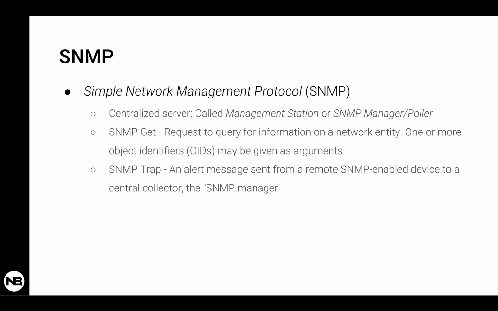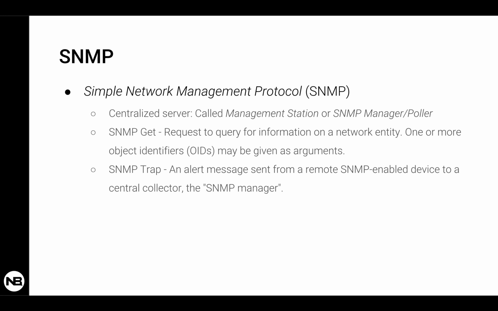So for example, an object ID could be the server CPU, or in case of the switch, the bytes transmitted on a specific interface, and so on. Then the client, which is the device itself, reports that data to the server, and then the server does whatever it wants to do with that data.